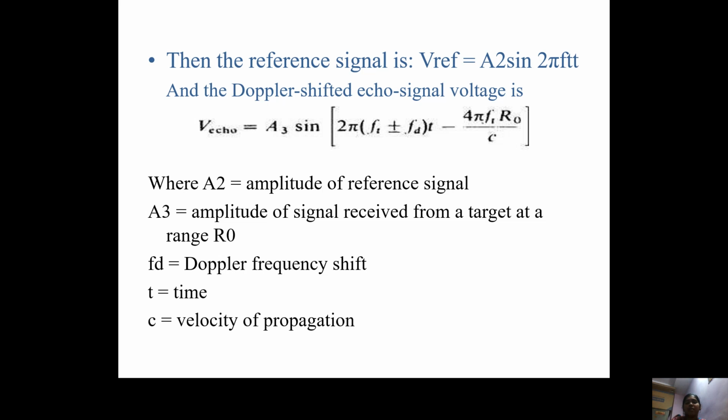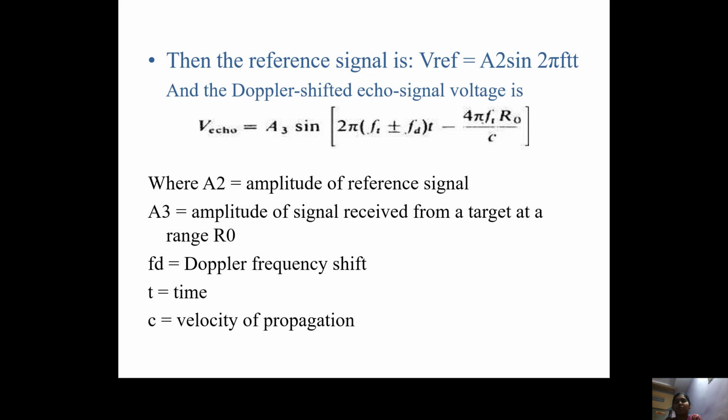And this is the V echo, which is received at the receiver. Its voltage is given as V echo, since it underwent the frequency shift. V echo is equal to A3 sine of 2 pi (Ft plus or minus Fd) into T minus 4 pi Ft R0 by C. Here V echo is the voltage of the received echo signal at the receiver, A3 is the amplitude of the received signal, and Ft is the transmitted signal frequency.